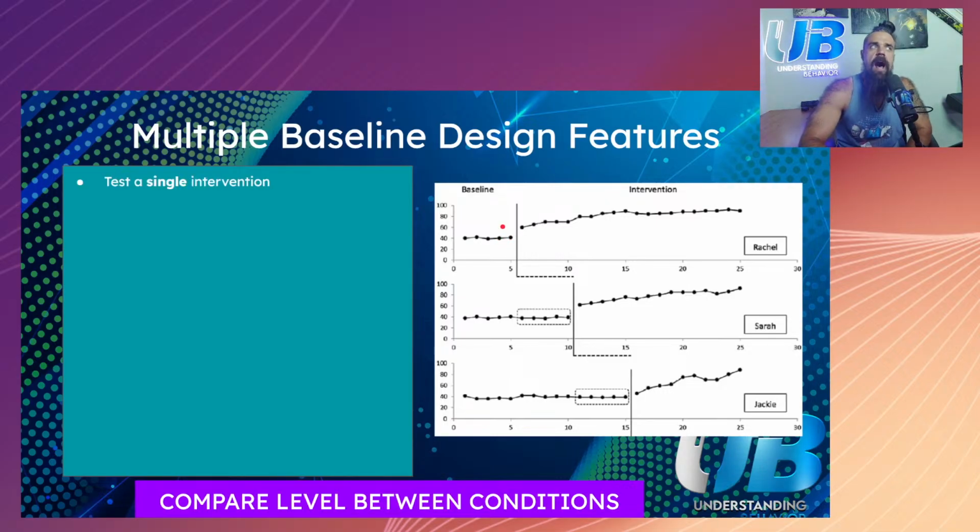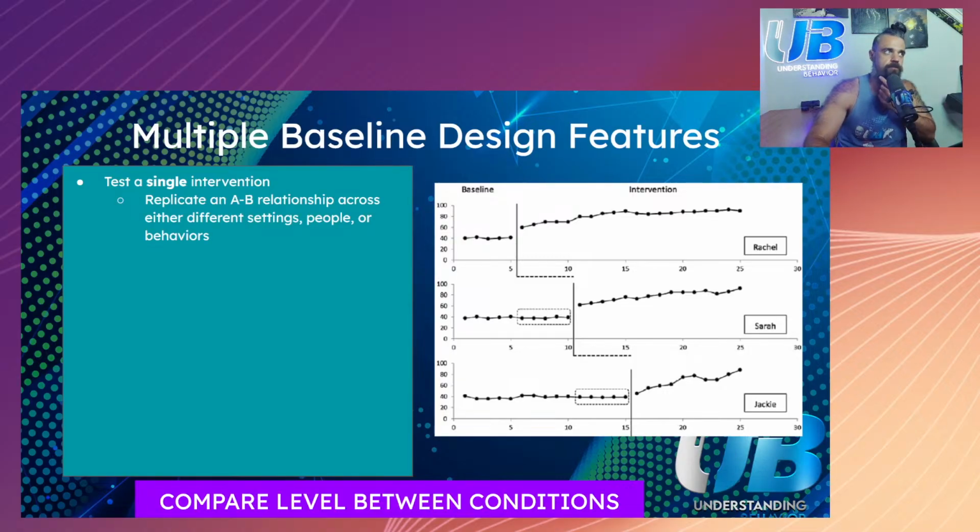Okay, let's talk about multiple baseline designs. First, getting into the features. One thing that a lot of people miss about multiple baseline designs is that they only test out a single intervention. So we're looking at one intervention at a time here. Alternating treatments and withdrawal can look at multiple.